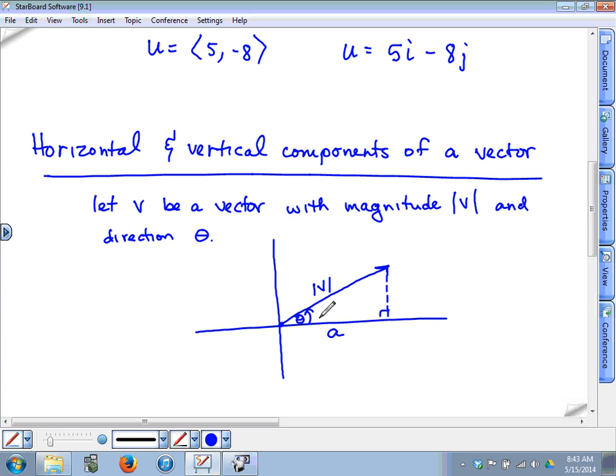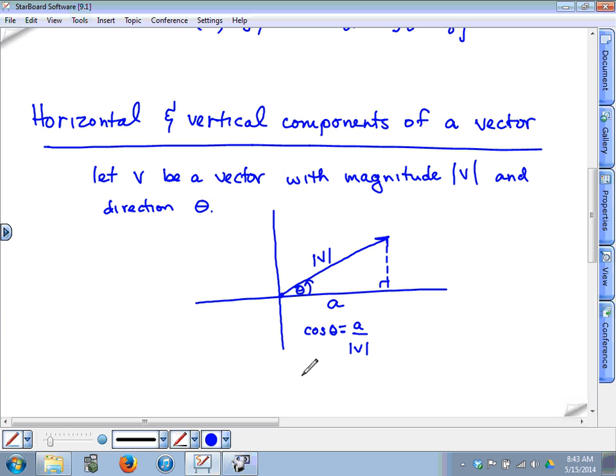So, as Braden was explaining, the cosine of that angle theta is equal to A divided by the magnitude of V, correct? So just multiply both sides by the magnitude of V, and what we end up with for the horizontal component is A equals the magnitude multiplied by the cosine of the direction, cosine theta.